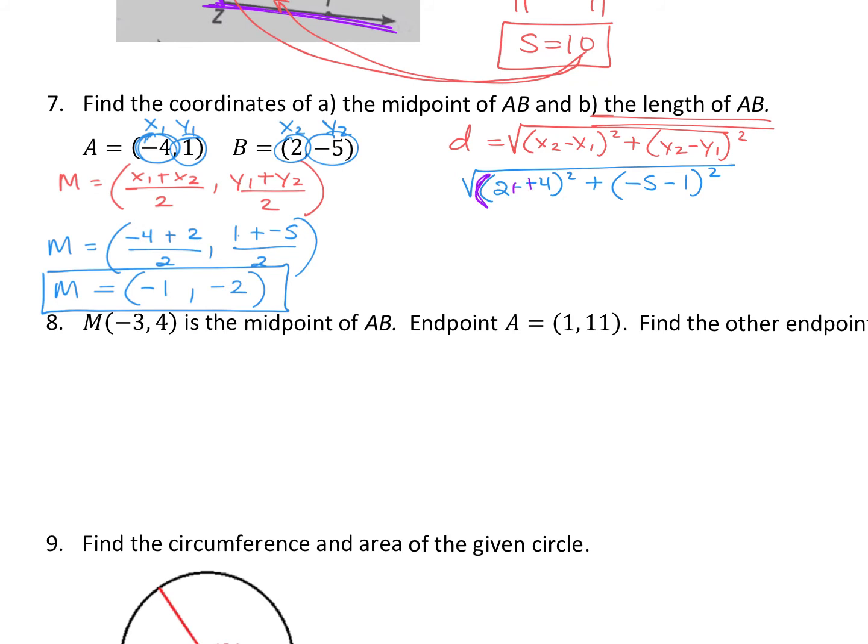So this is 6 squared, or 36. What's negative 6 squared? 36. So even though it's a negative, we're squaring it, it becomes positive. So you get the square root of 72. And if you plug that in, you get what? To the nearest tenth, that would be 8.5.